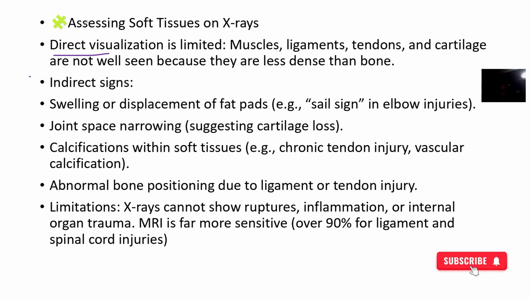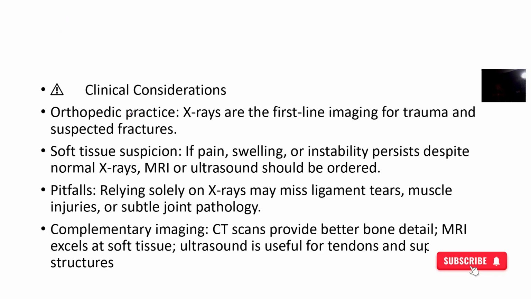So it could be swellings or displacement of fat pads, joint space narrowing, calcification within the soft tissues, abnormal bone positioning. So you now guess that, okay, the ligaments that are around this place have been injured. Do you understand that kind of thing? So it has to do with a lot about the anatomy knowledge.